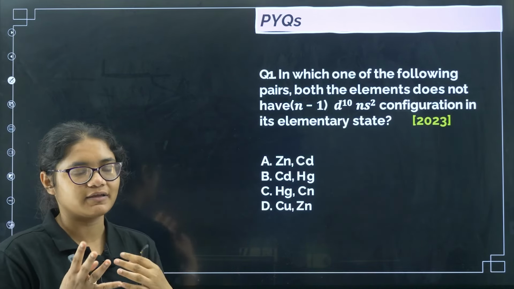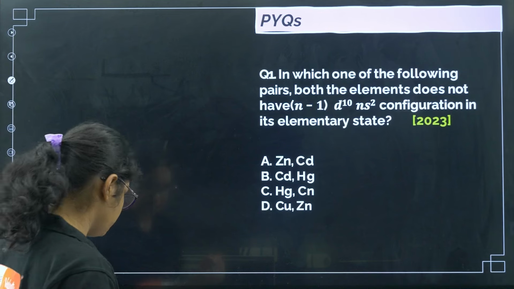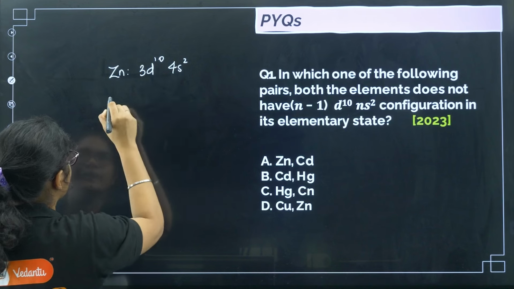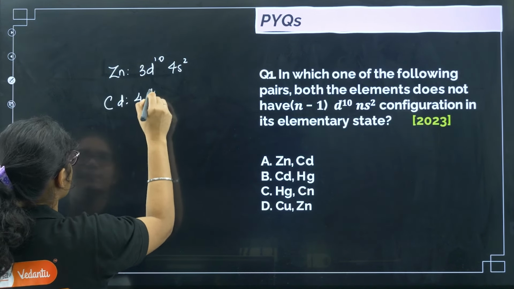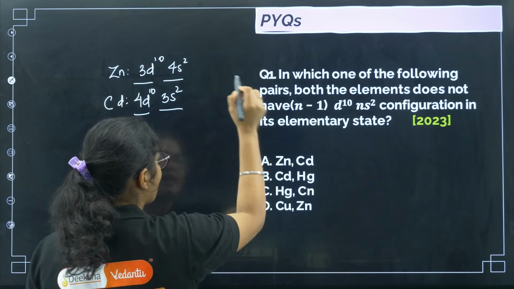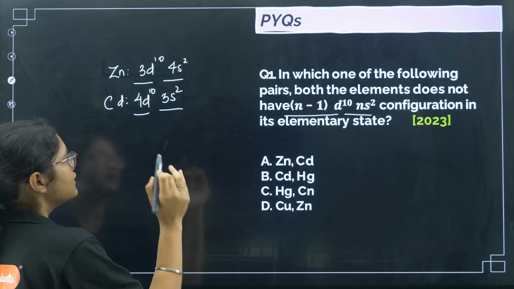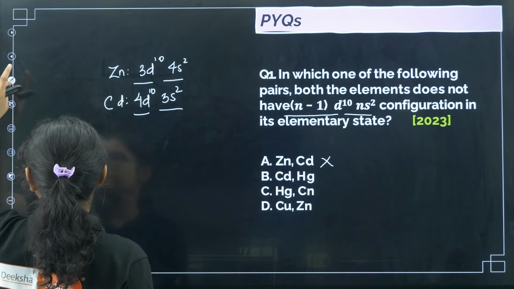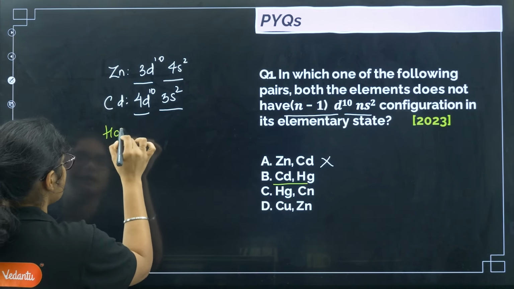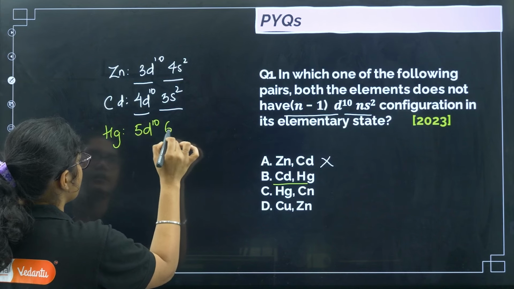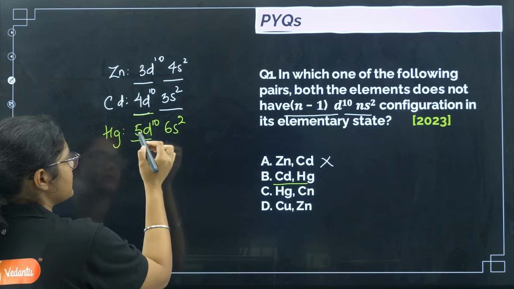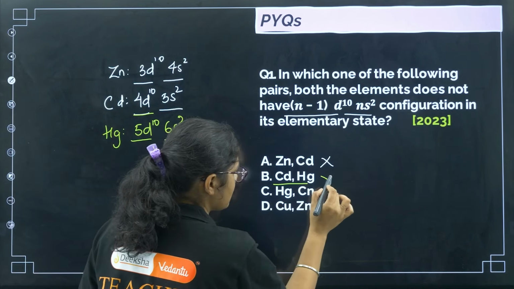Zinc is 3d10 4s2, and cadmium is 4d10 5s2. Both have (n-1)d10 and ns2 configuration, so this option is wrong, as the question asks for both elements to not have it. Now Cd and Hg: mercury is 5d10 6s2, and cadmium also has (n-1)d10 ns2, so this option I can also eliminate.